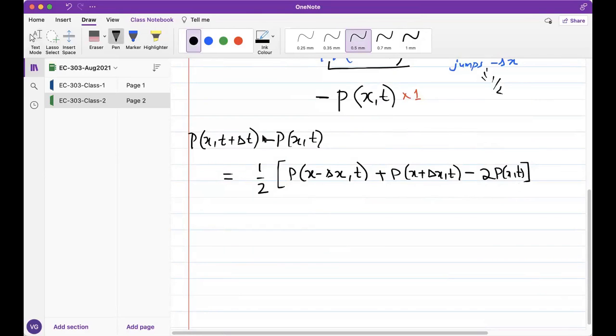Now we have a bunch of stuff on the right hand side. I'm going to assume a Taylor series of two variables. What is that? It's P of x, t. I'm expanding this around x with delta x being the perturbation.